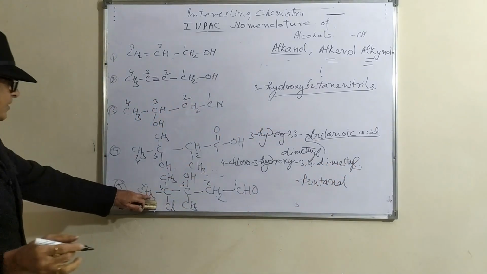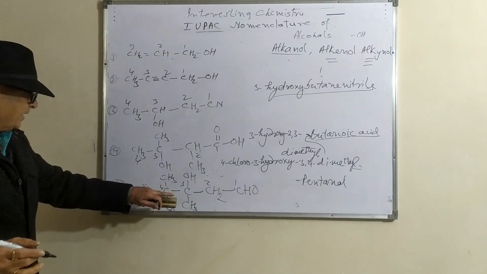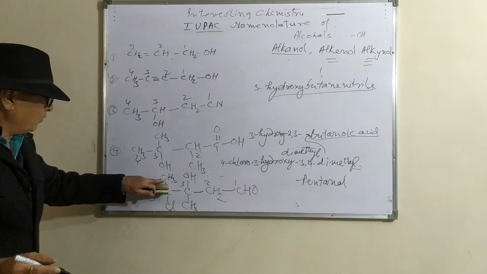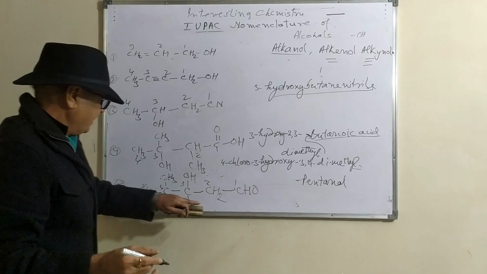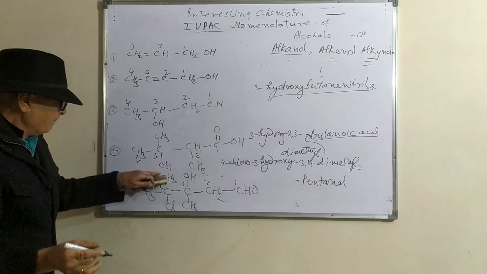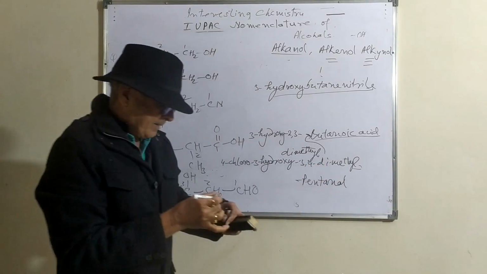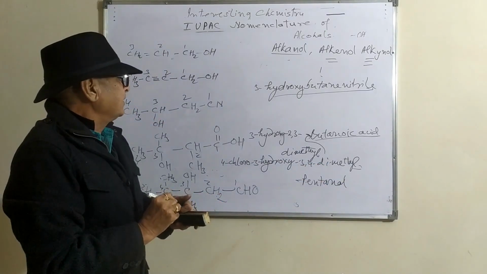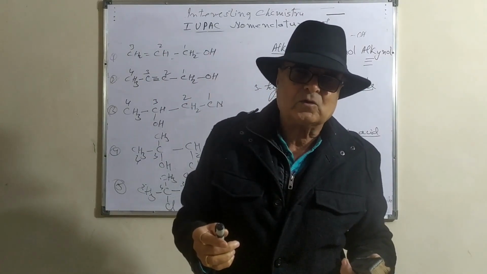So the name of this compound will be 4-chloro, 3-hydroxy, and 3,4-dimethyl pentanal. So this concludes the nomenclature of alcohols.